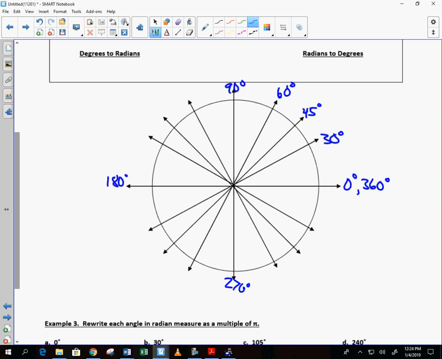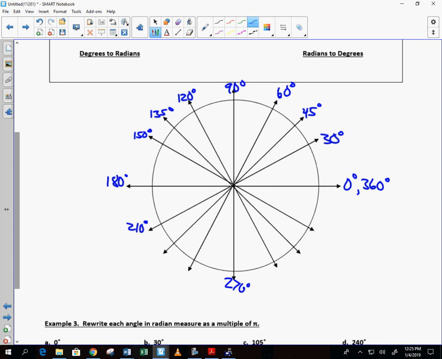I go 30 degrees past 90 to get to. I go 45 degrees past 90 to get to. I go 60 degrees past 90 to get to. Everybody clear with the markings so far? Any issues? 30 degrees past 180. Stop it.